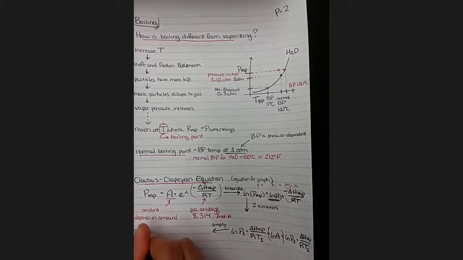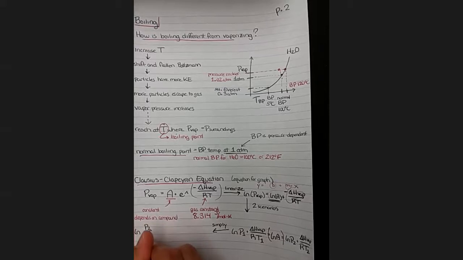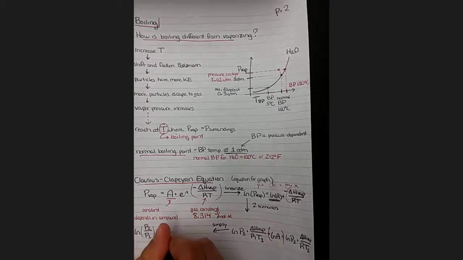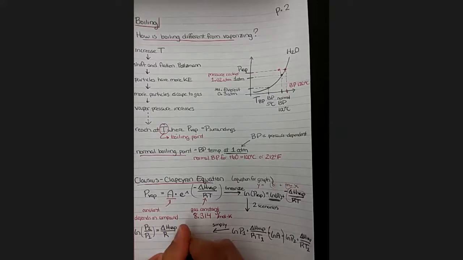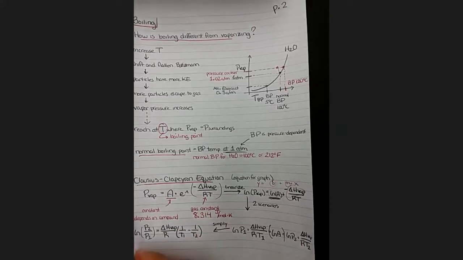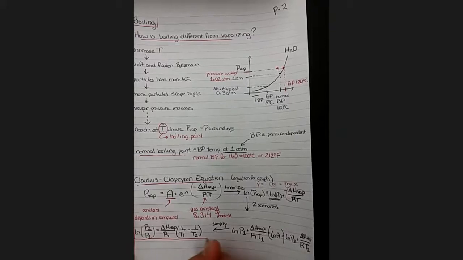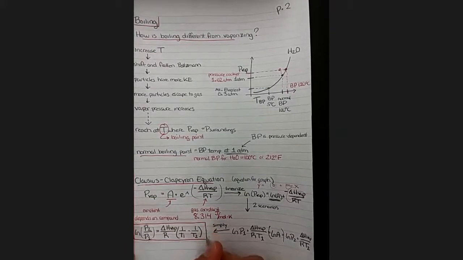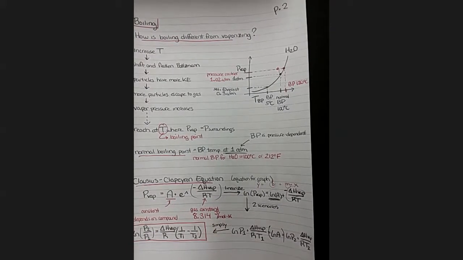And when we do that, we end up with natural log of P2 over P1 equals the delta H of vaporization over R times 1 over T1 minus 1 over T2. And this is our most useful form of the Clausius-Clapeyron equation.